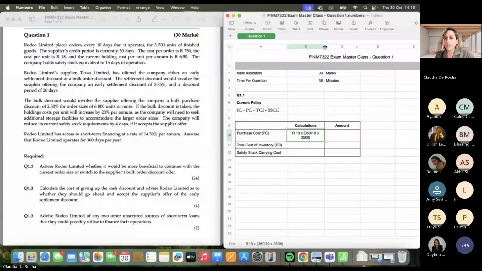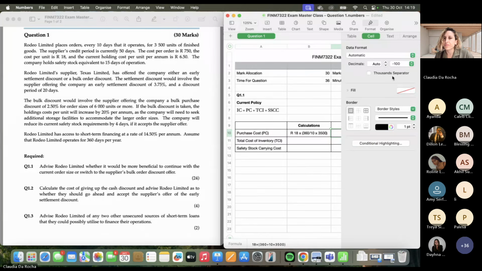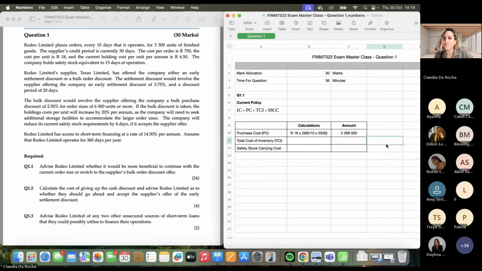And that will give us the total cost of our inventory items. That is the value.